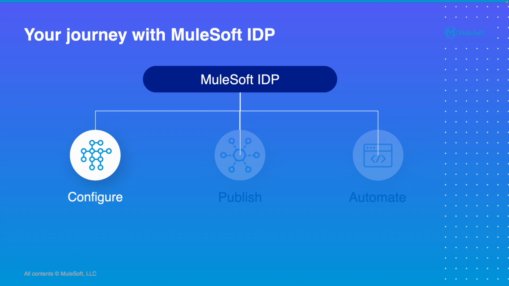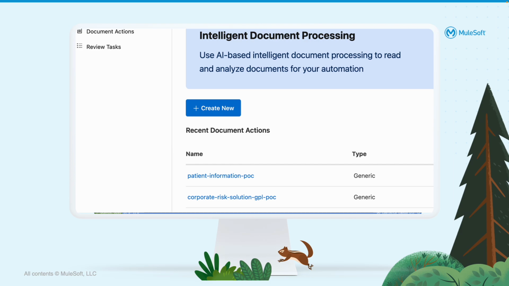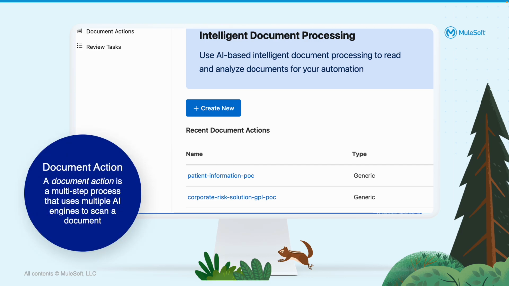What is configuration, and what are the technical terms that we use in MuleSoft IDP? In MuleSoft IDP, we call every project or application a document action. Just like on the Anypoint Platform, each application is called an API or something like that, right? So here we call each project a document action.